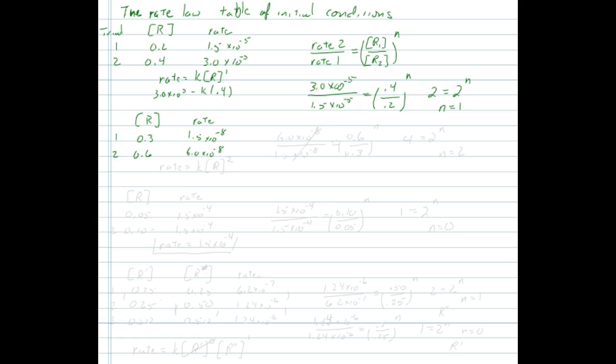So you take the bigger rate, or the bigger concentration on top, 6.0 times 10 to the negative 8 over 1.5 times 10 to the negative 8, negative 8s will cancel, equals 0.6 over 0.3 to the n. That divided by that is 4, equals 2 to the n. 2 to the second power is 4, so it's a second order reaction.